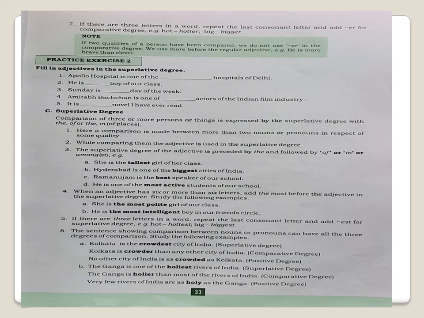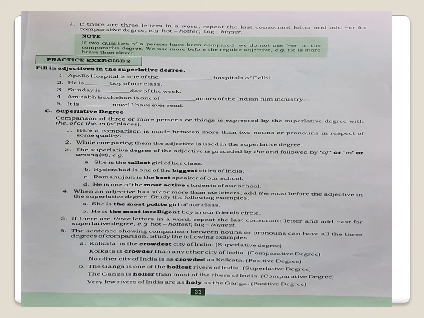Now see that when an adjective has 6 or more than 6 letters, just as we use more in the comparative degree, here in the superlative degree we use most before the adjective. Like in the example, she is the most polite girl.